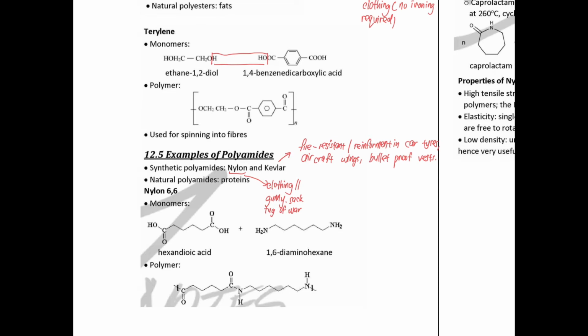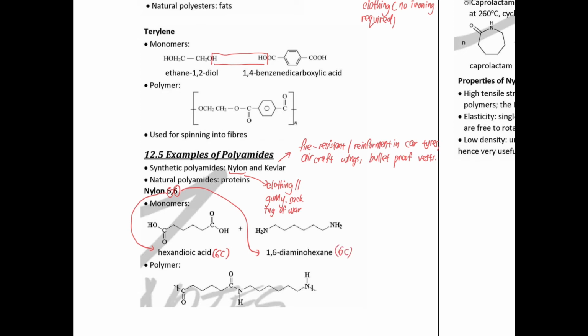Nylon 66 basically means the first 6 comes from hexanedioic acid with 6 carbon. The second 6 comes from 1,6-diaminohexane, which also has 6 carbon.